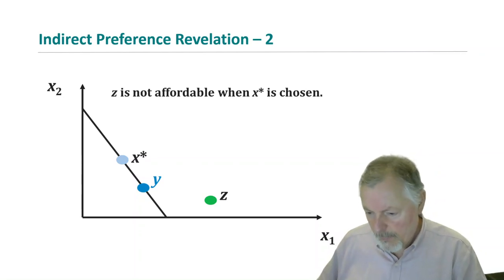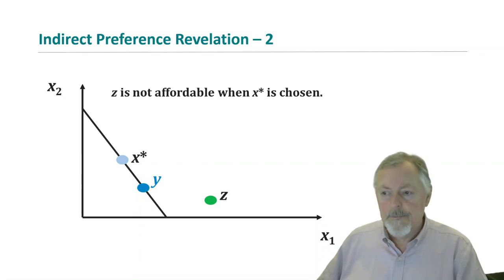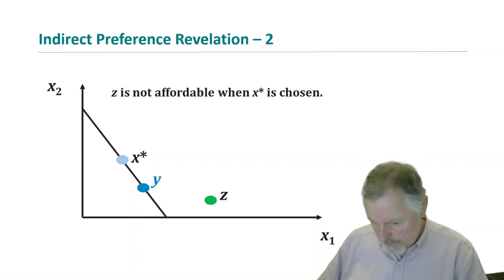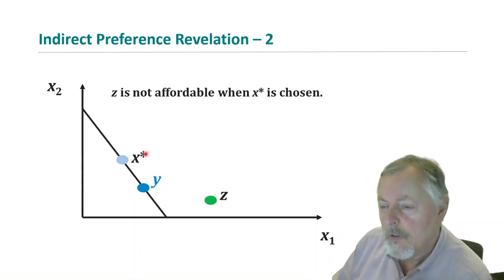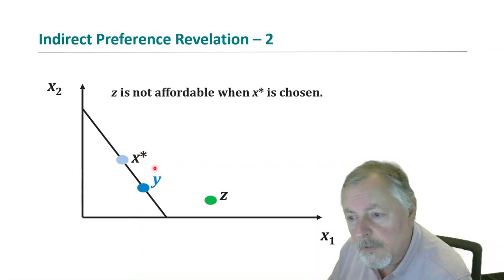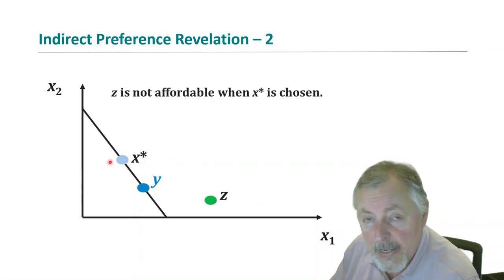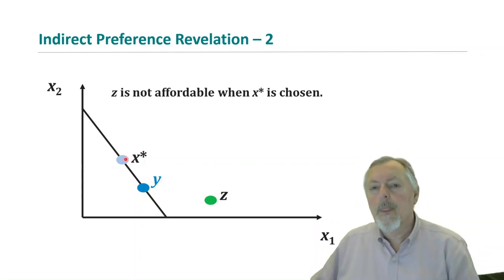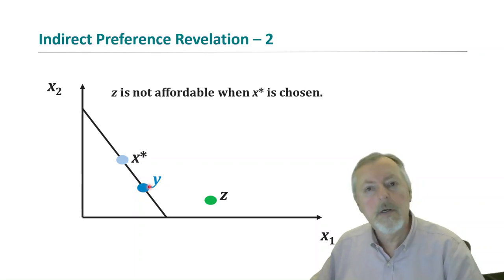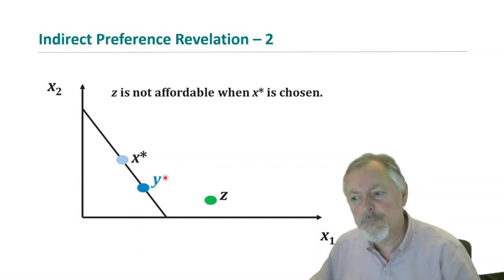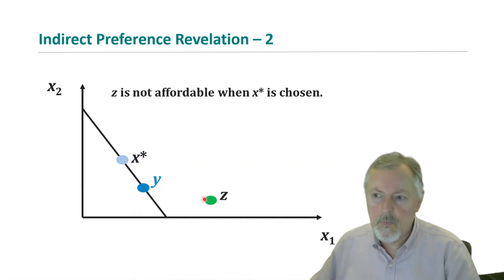Now, here, if Z was not affordable, and you're looking at the three bundles, X, Y, and Z, and you pick X, you pick X when Y was affordable, you're showing that X is preferred to Y. Z was not affordable.